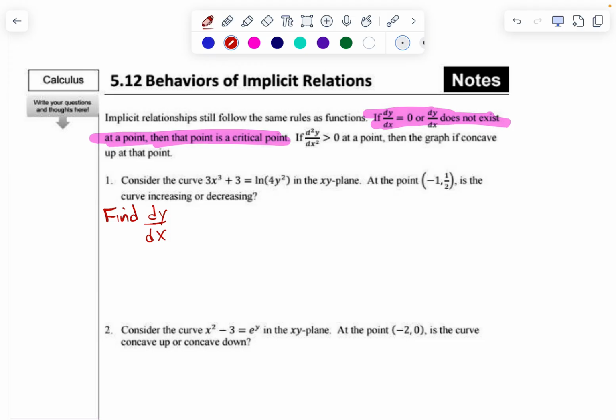While you're finding that, what are we going to look for to know if the function is increasing or decreasing there?